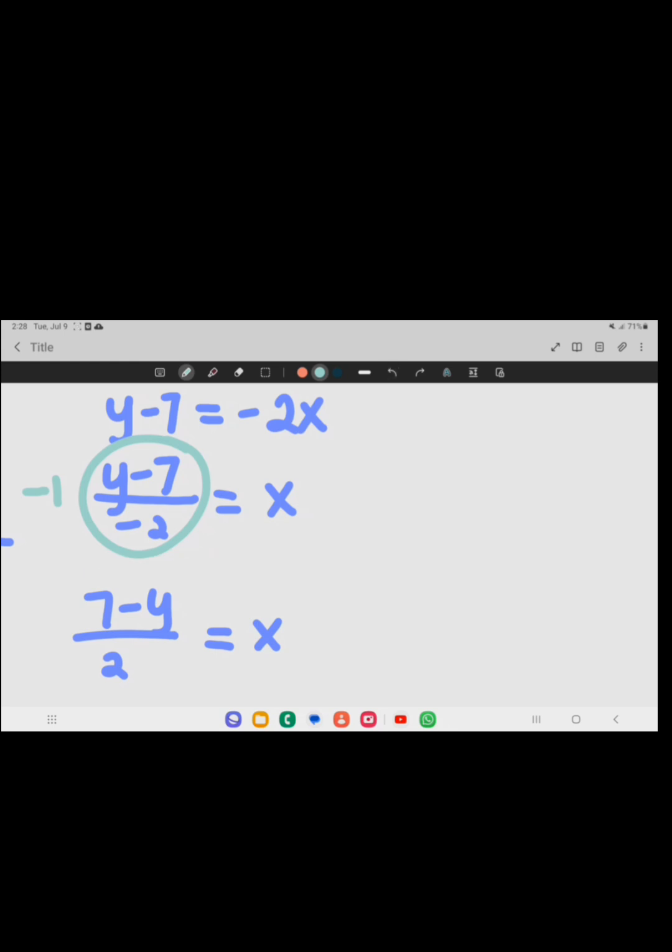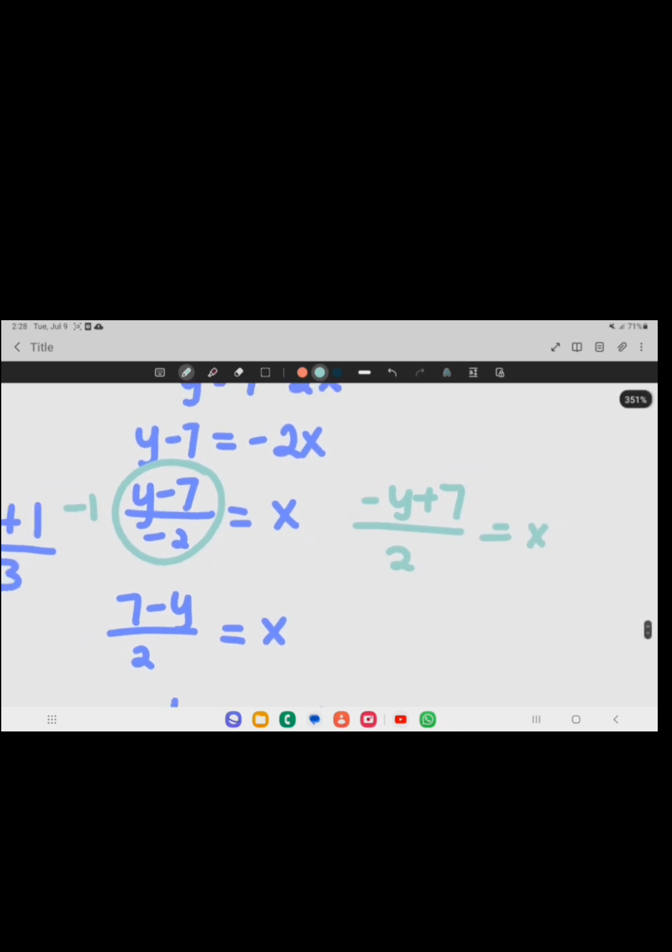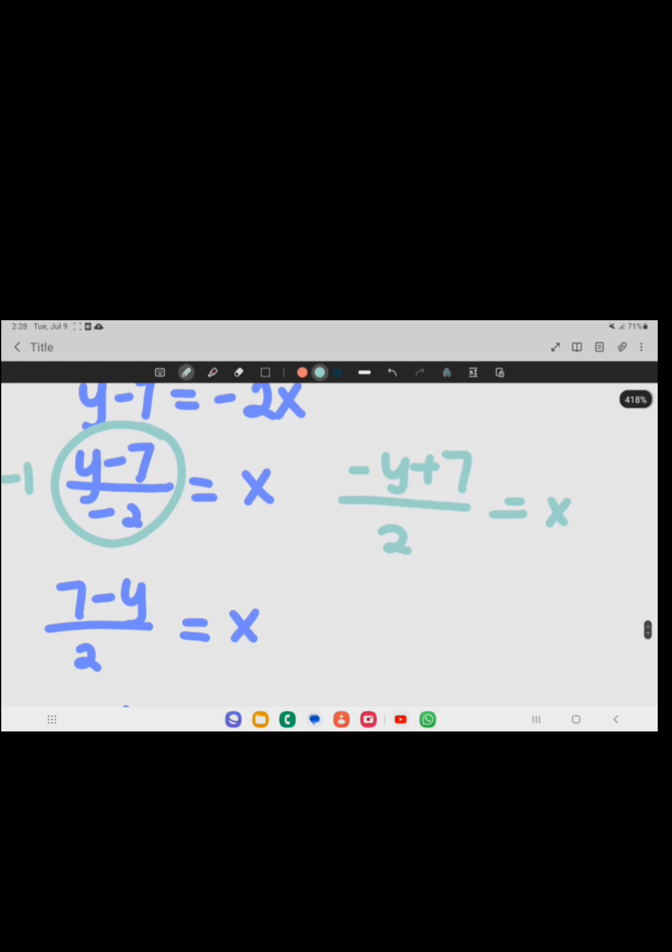So when you multiply, it will become (negative y plus 7) divided by 2 is equal to x. Why am I doing this? Because I don't want the denominator to be a negative. What is denominator? The penyebut. There's a negative, so I don't like a negative at the denominator. So I'm going to multiply the entire thing with negative 1. So this is what I will get.